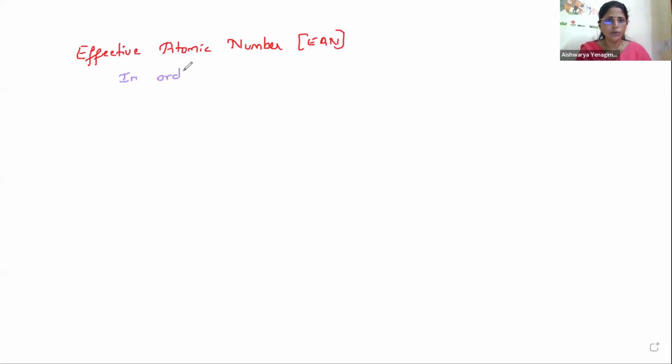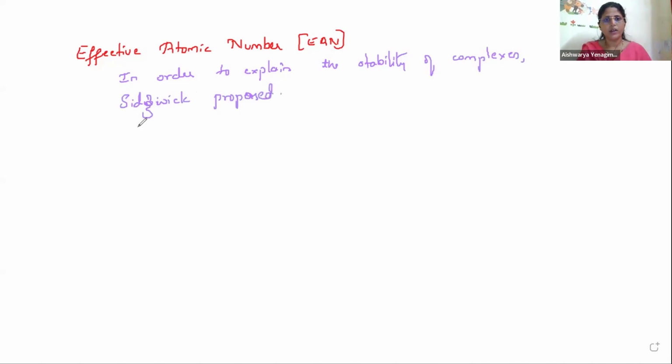In order to explain the stability of complexes, the scientist Sidgwick proposed effective atomic number.